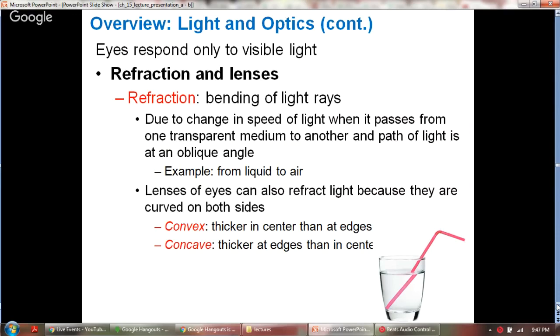It's due to the change in the speed of the light when it passes from one transparent medium to another, and the path of the light is at an oblique angle, as you would see in the picture shown here. The lenses of the eye can also refract light because they are curved on both sides. Convex means thicker in the center than at the edges, and concave lenses are thicker at the edges than in the center.